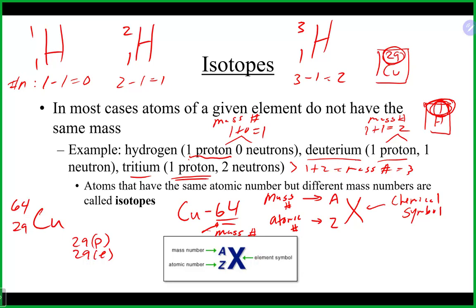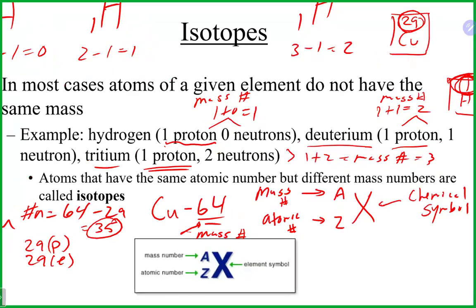The number of neutrons would be our mass number, which is 64, minus our atomic number, which is 29, and you will end up with 35 neutrons in this case. Any questions on any of that?